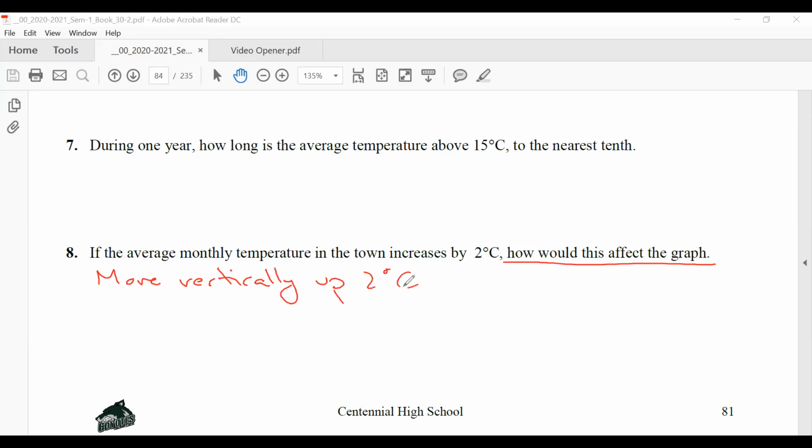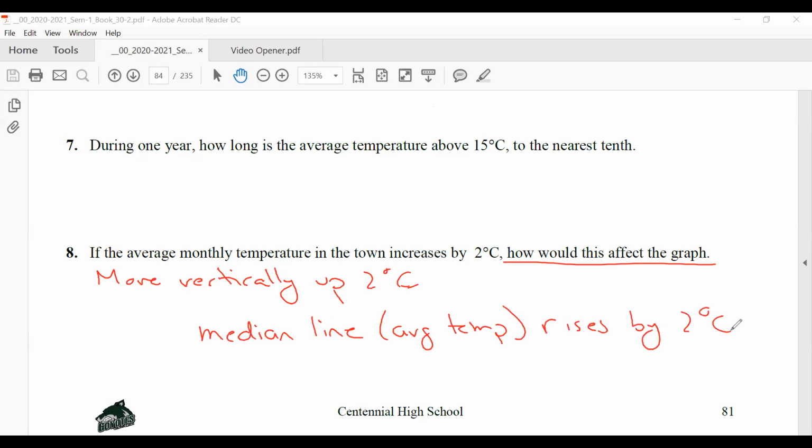So what's going to change then? Well, our median line, our average temp, rises by 2 degrees.